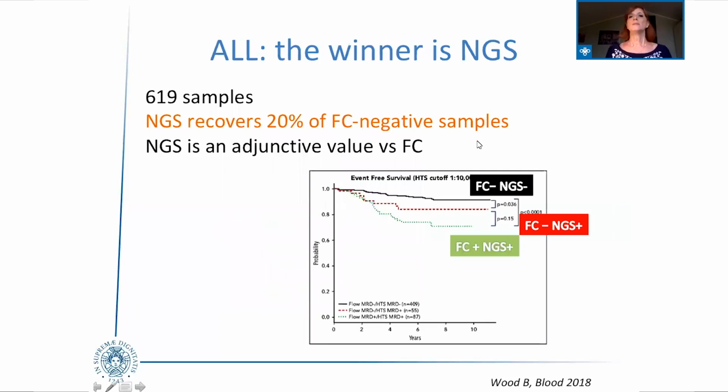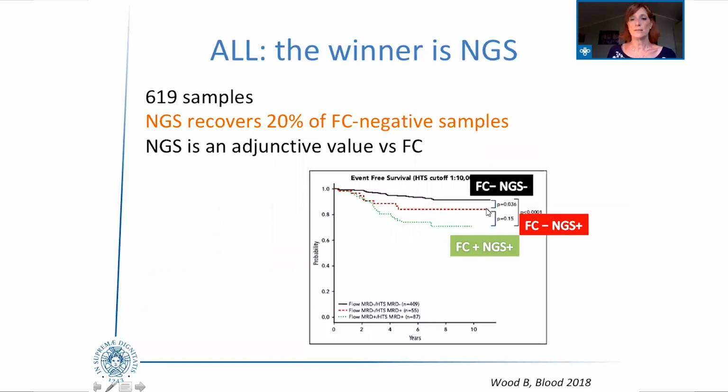You can see here ALL. This is the survival curve of patients that resulted MRD negative both by flow cytometry and by NGS. This in red, the survival curve of patients that were considered as MRD negative by flow, but resulted MRD positive by NGS.